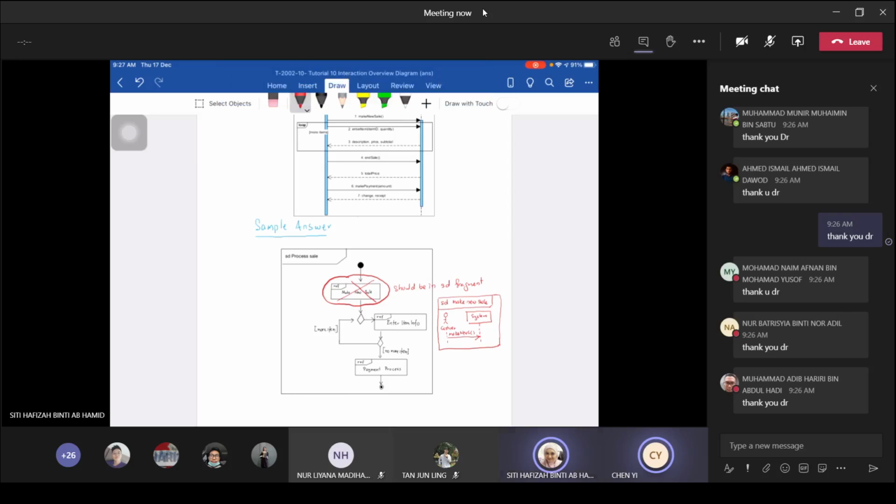Okay. Thank you, Doctor. So for question number 4, you have two options. Whether you want to straight away take it from the original sequence diagram, or if you want to make it a reference, you will have another one with more detail.